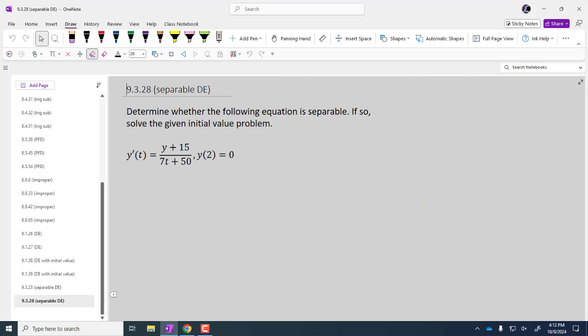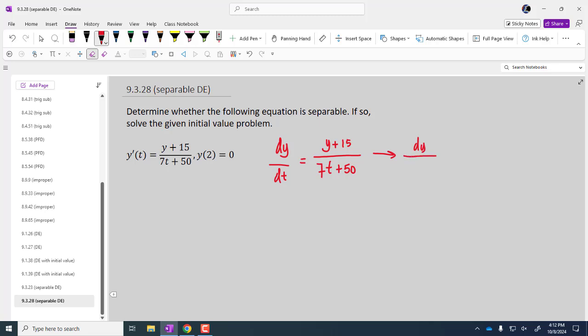Now let's look at this last one. There's no 3x's. So this one, same idea. We want to separate it. The first thing we want to do is make sure we're using differential notation instead of prime notation. So we're going to do that. And then we're going to move the y's to the left.